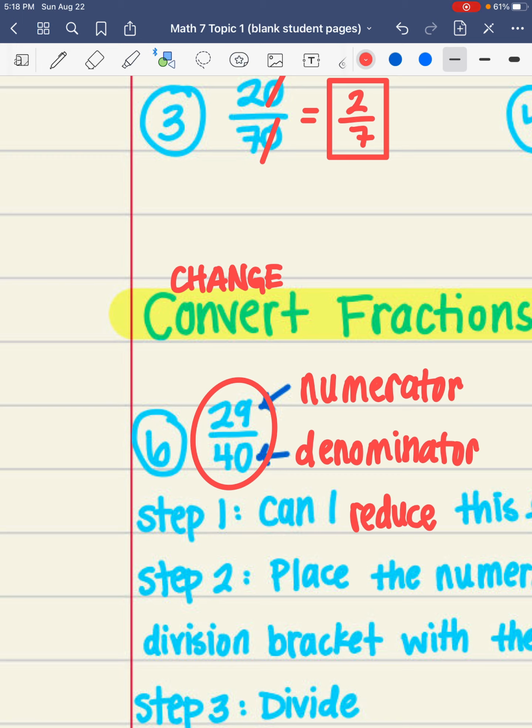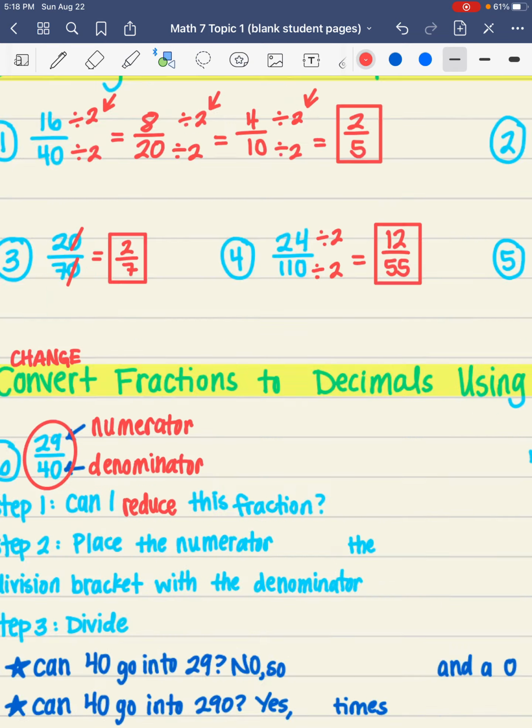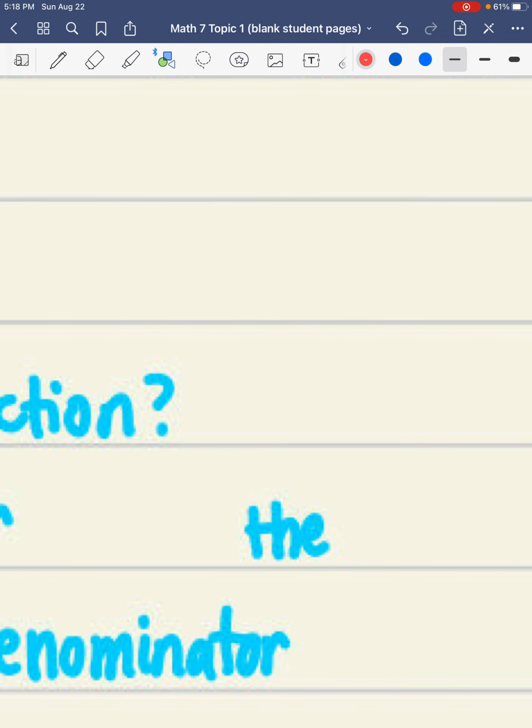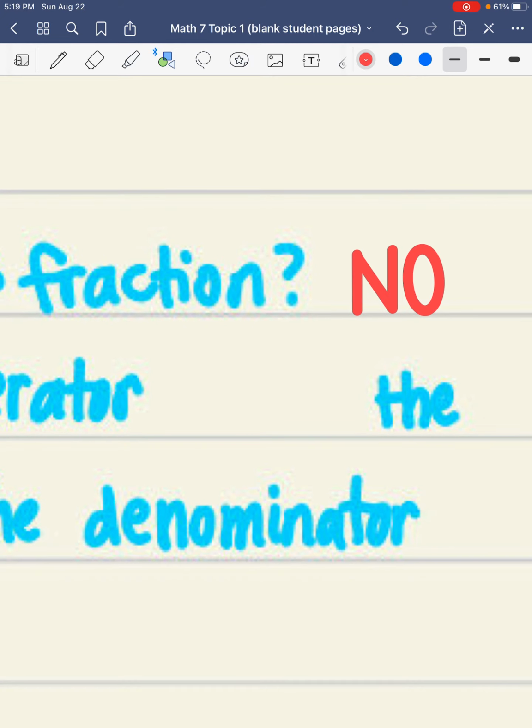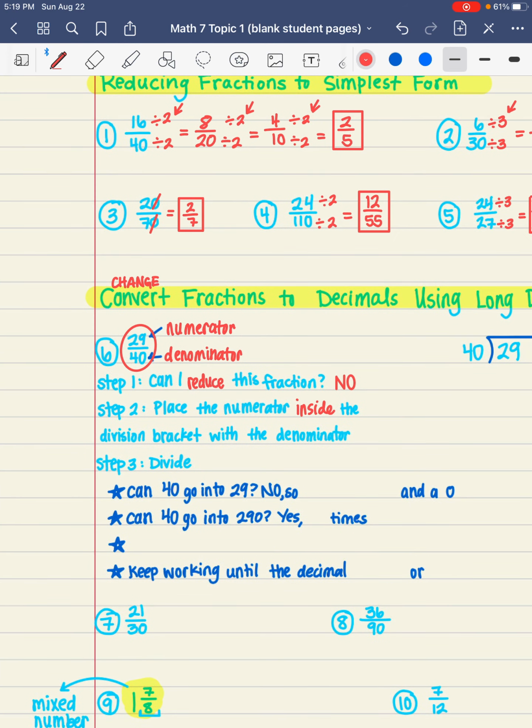Can I reduce this fraction? No, we cannot reduce this fraction. So, because we can't reduce this fraction, we're going to place the numerator inside the division bracket with the denominator outside.